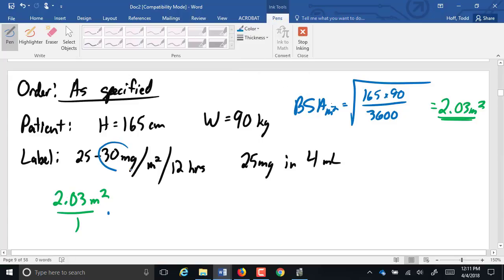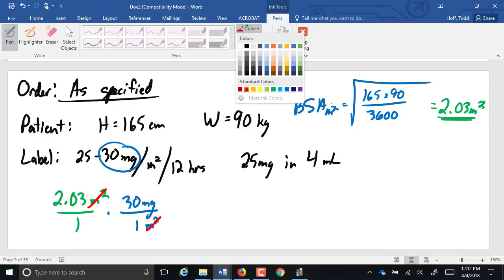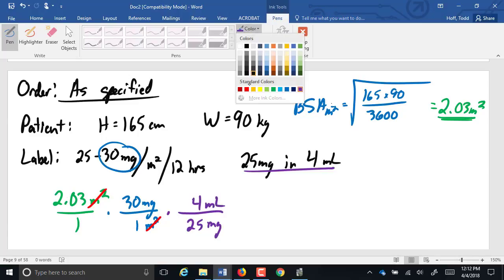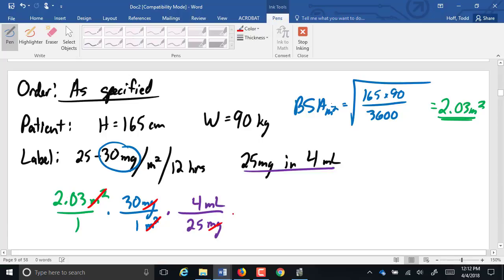So we need to convert. We're going to do our maximum dosage here again. So meters squared on the bottom. It is 30 milligrams per 1 meter squared. So the meter squared cancels out. When I go to milliliters here now, we've got that conversion. So 25 milligrams goes on the bottom, so the milligrams cancel out, in 4 milliliters. So now we have this in milliliters.